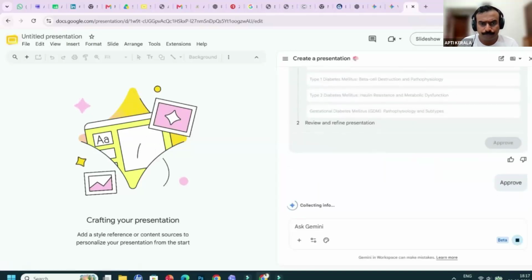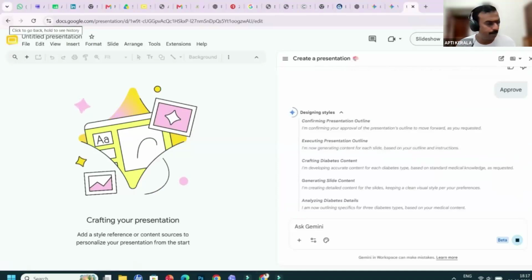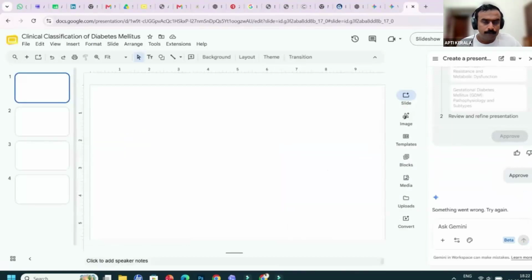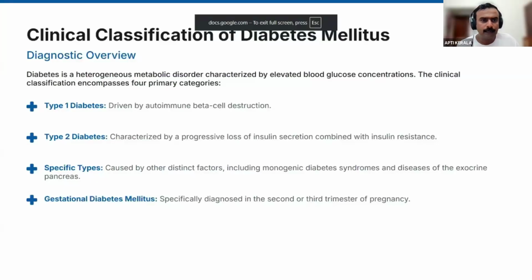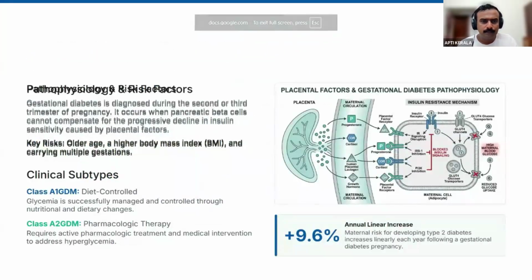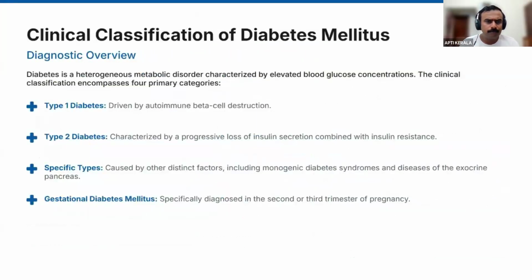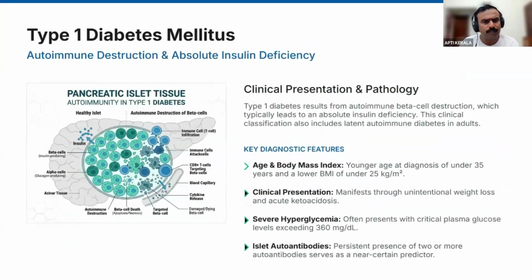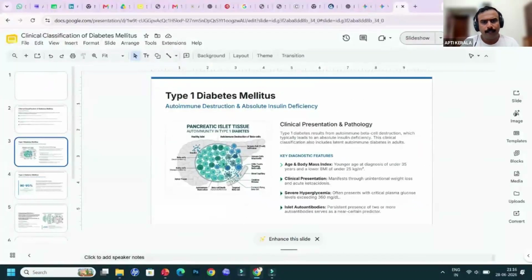We approved it. So here, our slides are ready. Clinical classification of diabetes mellitus. So 3 to 5 slides only I asked. So 3 to 5 slides are ready.